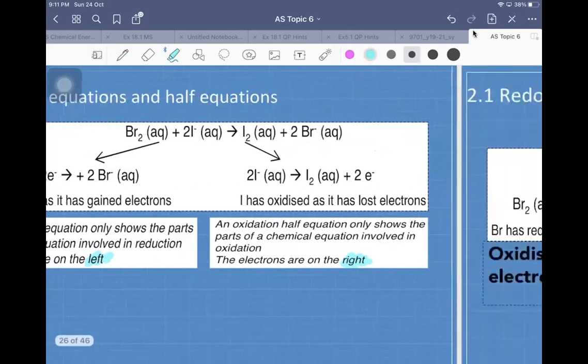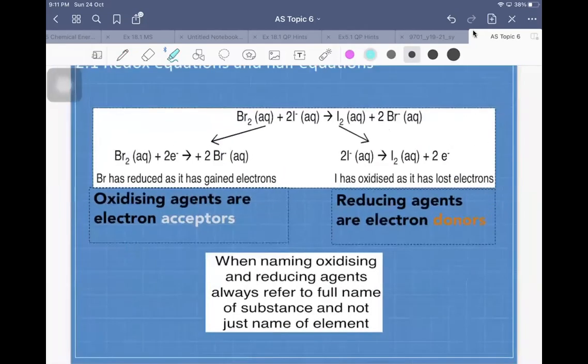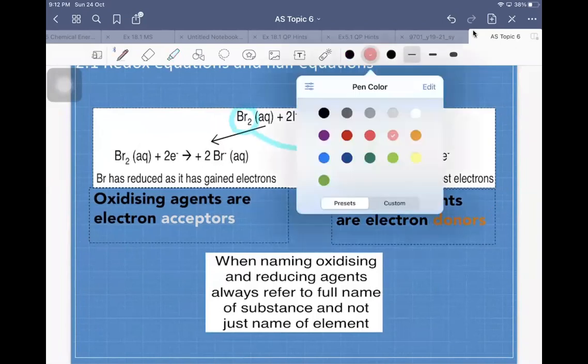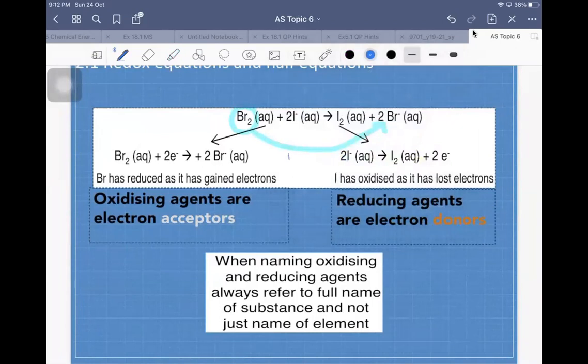Another thing that I want to talk about is the oxidizing agents and the reducing agents, okay? So if bromine is reduced to bromide, we say that iodide is the reducing agent.